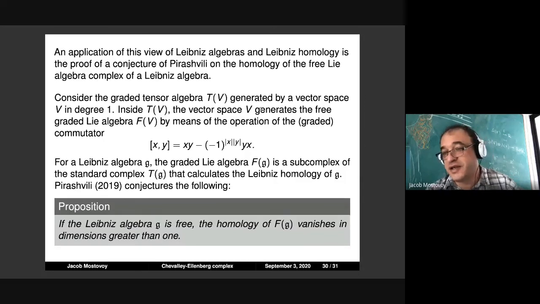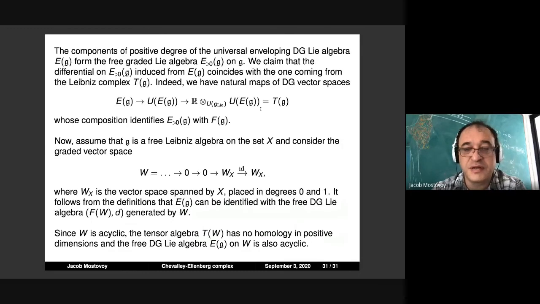He asked several clever people, and they couldn't do anything about it. And it turns out that using the DG Lie algebra techniques, this conjecture is really easy to prove. So this is the proof. It's not very long, and it involves the definitions.